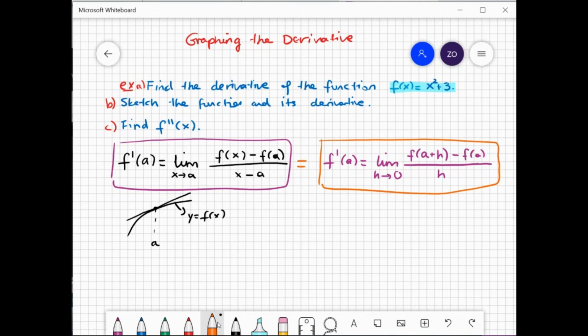So these are both equal to each other, the same thing stated in a slightly different way. And these are derivatives at a single point.